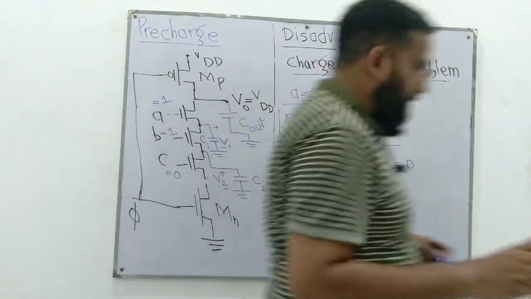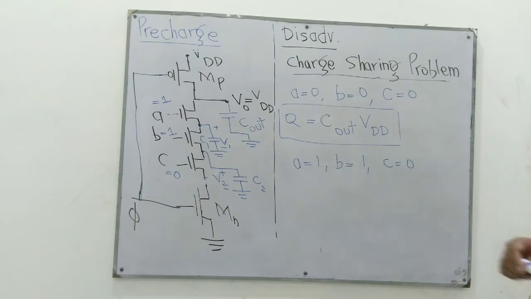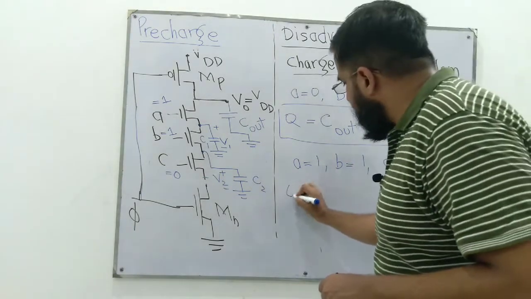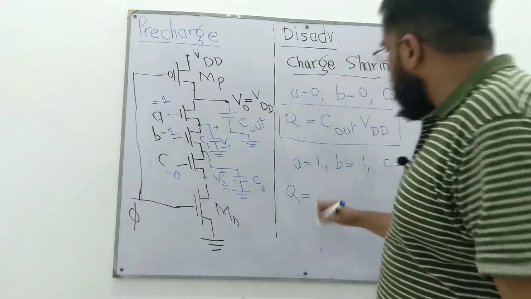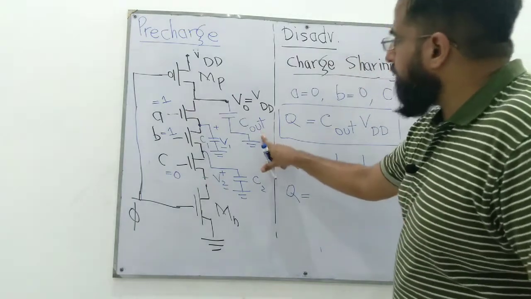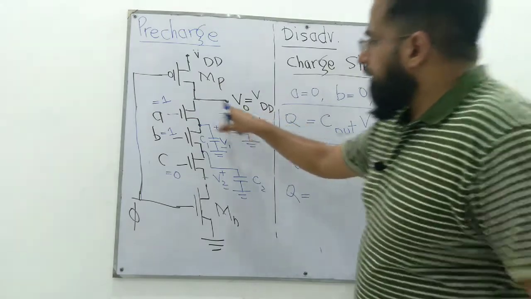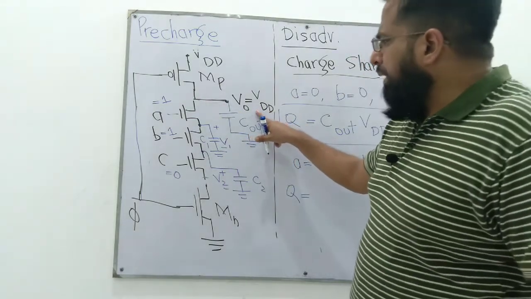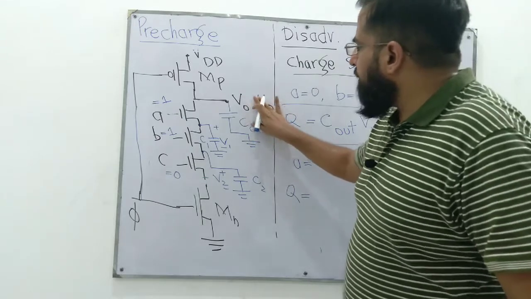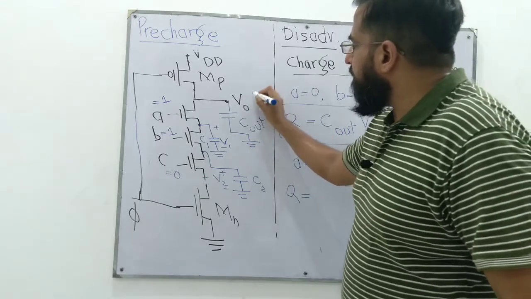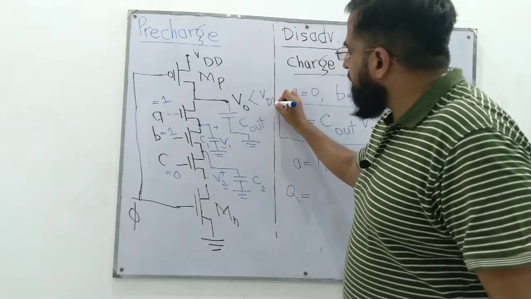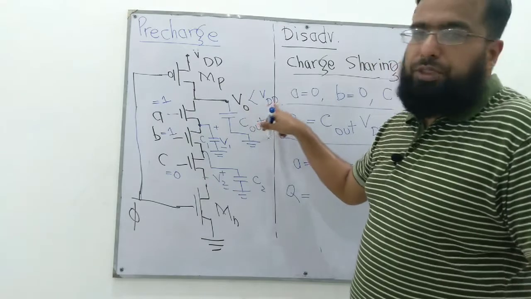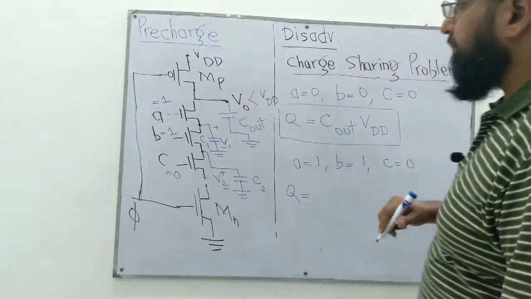So we can write in this scenario Q is Cout times VDD, but this VDD would be shared between these. So this Vout would be lesser than VDD in this case, because there is some current flowing through it, dropping its voltage from VDD down to a lower value.